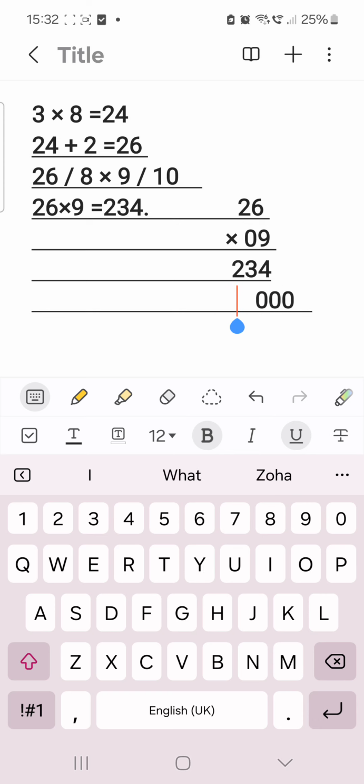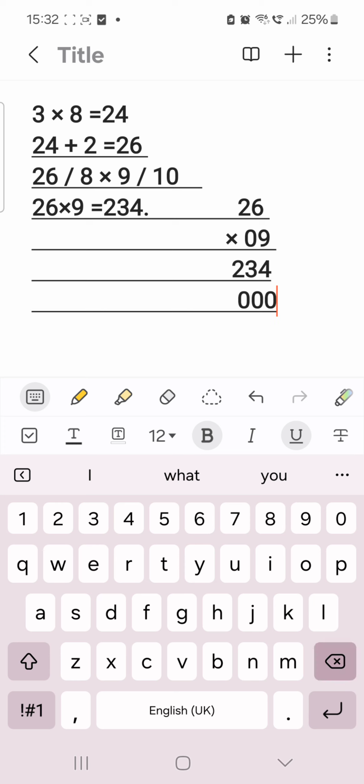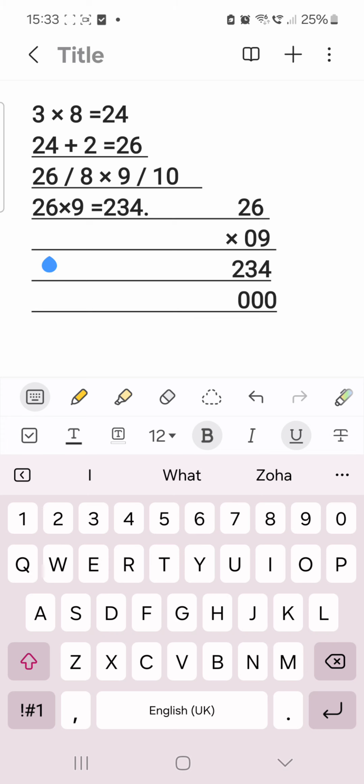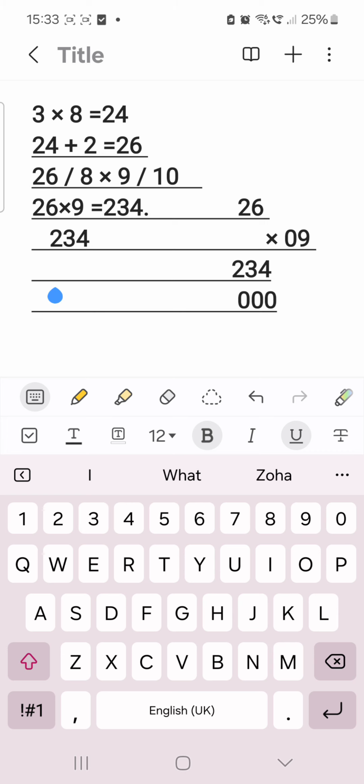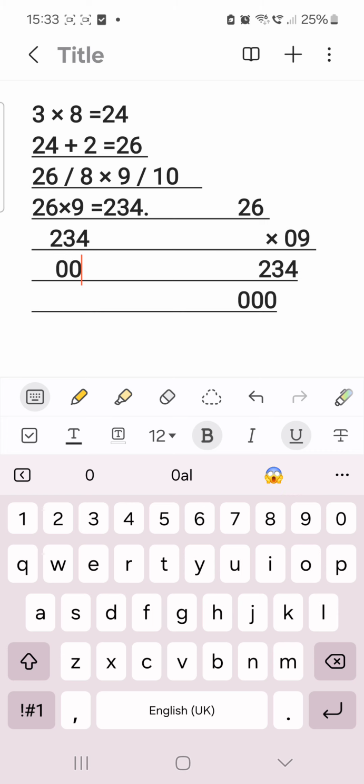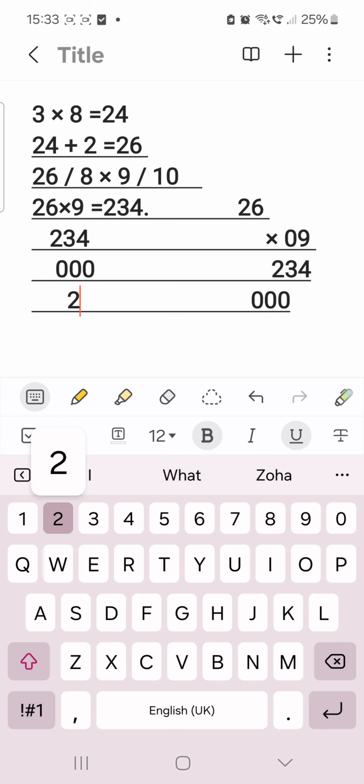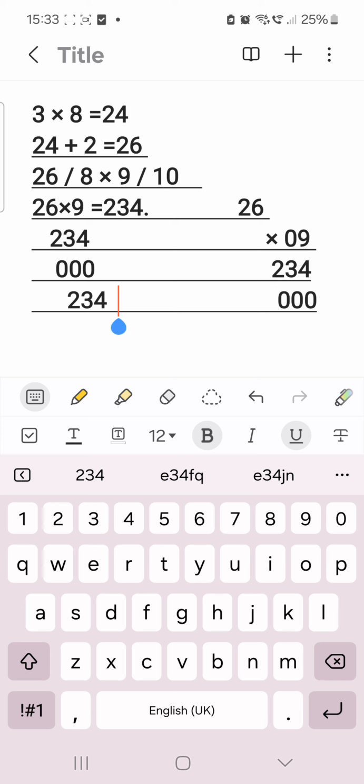So now you see. So now we're gonna add these. 234 plus 0 is 234. So the answer is 234.